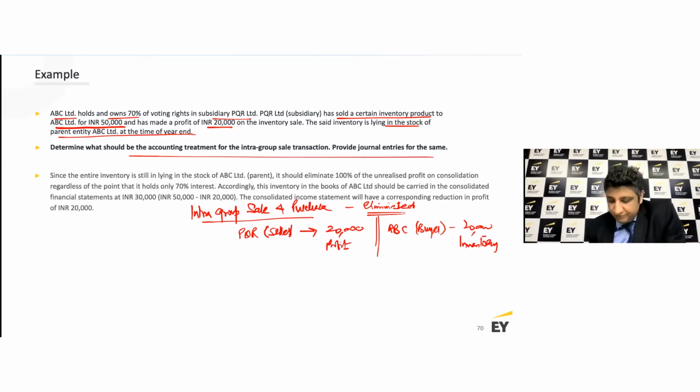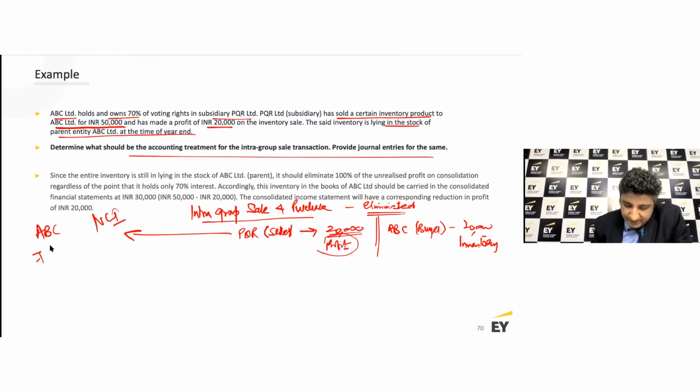So if PQR, which is a subsidiary, is showing a profit of 20,000, this profit pertains to the shareholders. And in case of PQR, there are two shareholders, ABC to the extent of 70% and NCI to the extent of 30%. So what are we doing now?